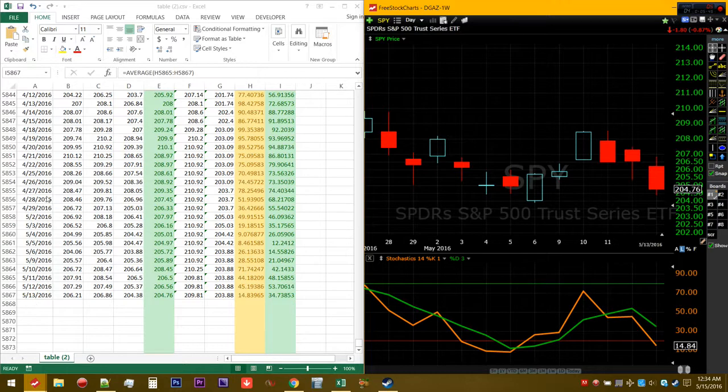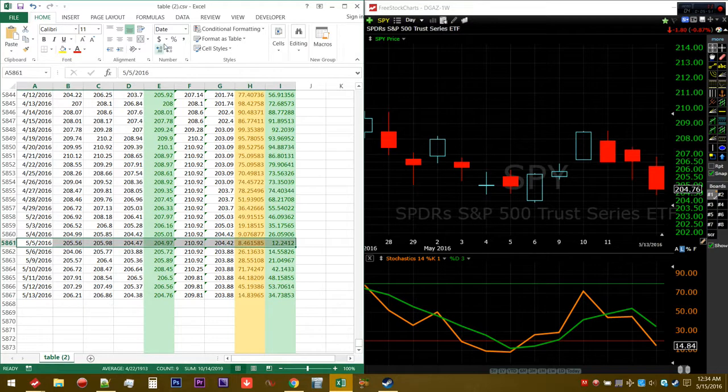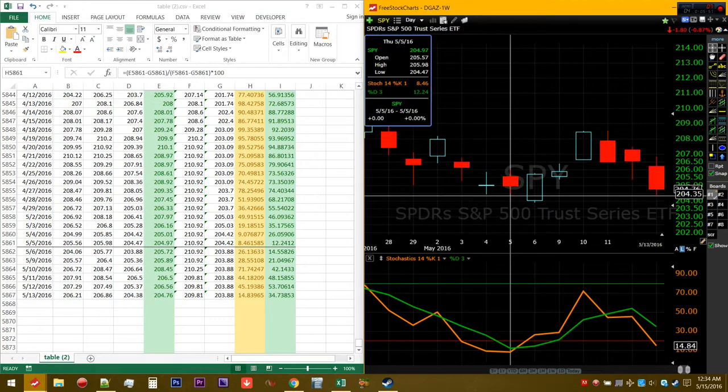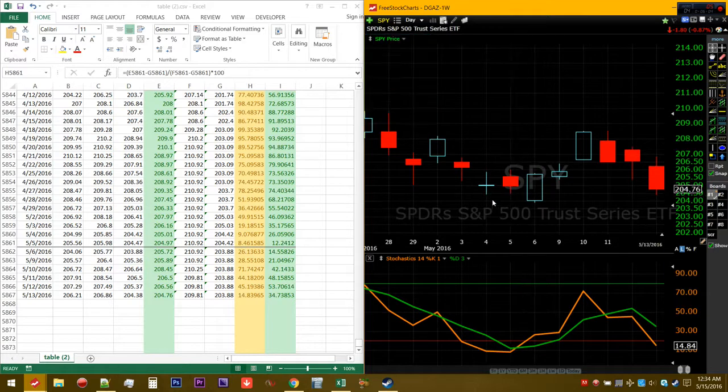So on the 5th, which is here, I guess I can underline it, we returned a value of 8.46 for the %K and then 12.24. So exactly the same as the charting software.